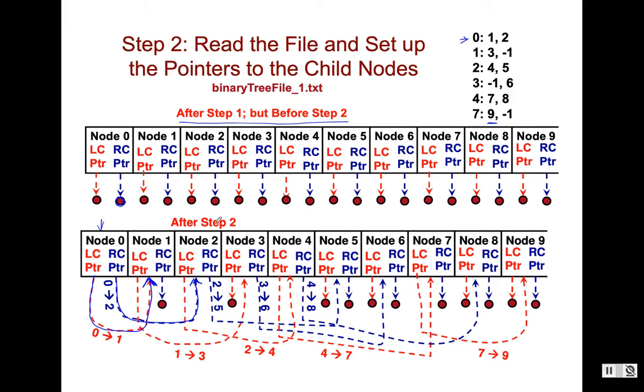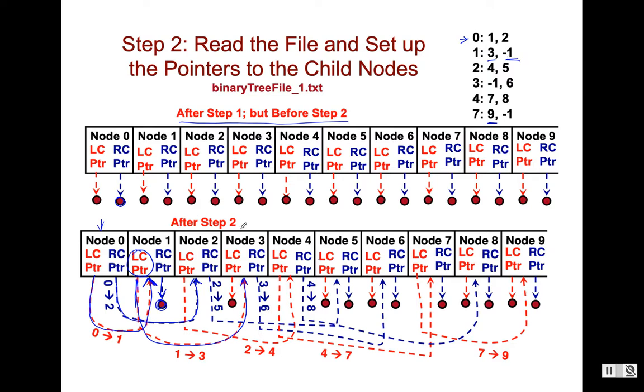Node 1 has 3, that means it has one left child and no right child. So the left child of node 1 is going to store the address of node 3, and the right child is still pointing to null, because it doesn't have any right child.